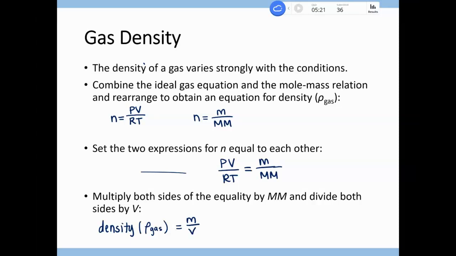If we multiply both sides by molar mass, we've canceled out molar mass on the right. We have PV times molar mass. And then we just divide both sides by volume. We cancel it out on the left, and we have mass over volume on the right. Then mass over volume for a gas is equal to pressure times molar mass divided by gas constant times temperature.